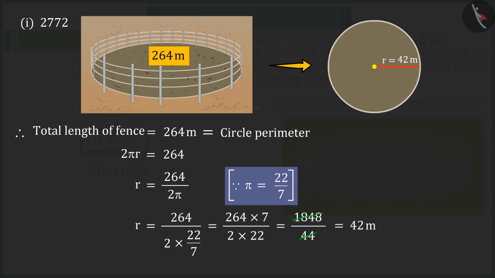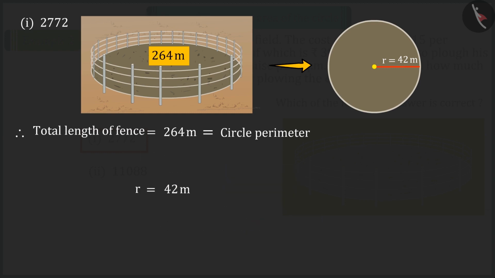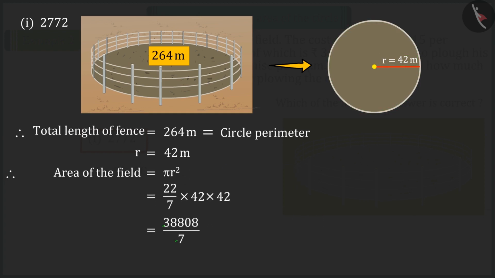Since we have to find the total expenditure in ploughing the field, for which we will need the area of the field, solving the value of r in the formula for the area of the circle, the area of the circle, that is, the area of the field, is 5,544 square meters.